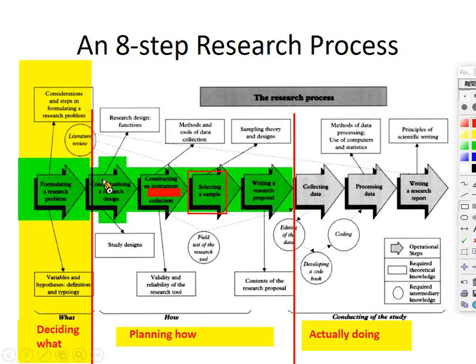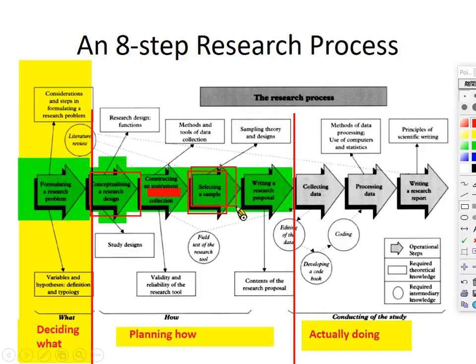See, this is the design. Research design is to help you identify what kind of tool I need, what kind of data I need to collect. Okay? And the research tool is for you to collect data. So you need to construct the tool. So now you have a research design, you have a tool, then you need to have some sample for you to collect data, right?